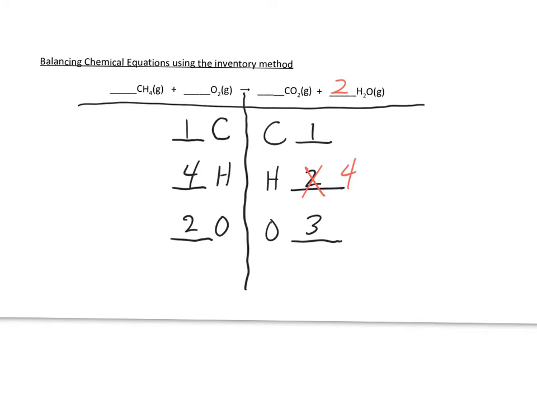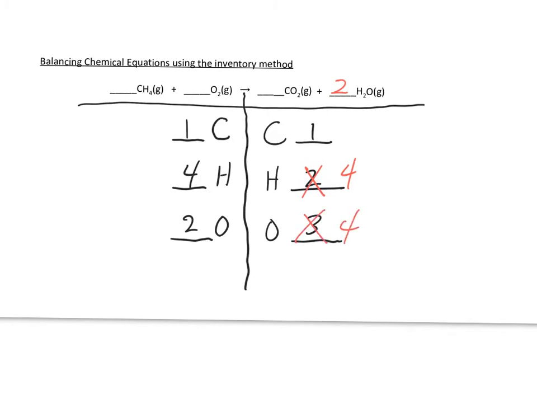All right, now along with when I put this 2 in front of the water, along with the 4 hydrogens, now I have 2 oxygens, right? Because I have 2 water molecules. I have 2 oxygens plus the 2 that we already had. Now that makes 4 oxygens.